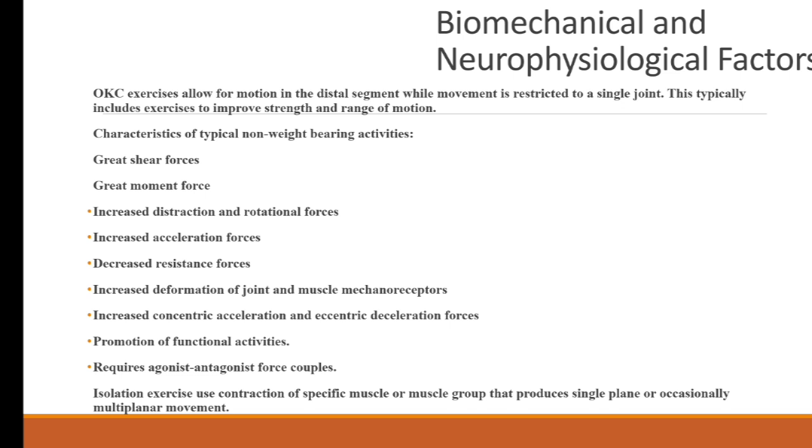Open kinetic chain exercises allow for motion in the distal segment, while movement is usually restricted to a single joint. Usually these are used to improve the strength and range of motion at the joint. What are the characteristics of non-weight bearing? Greater shear forces, increased distraction or rotational forces, increased acceleration or resistance forces, increased deformation of joint and muscle mechanoreceptors, increased concentric acceleration and eccentric deceleration forces, and promotion of functional activities.